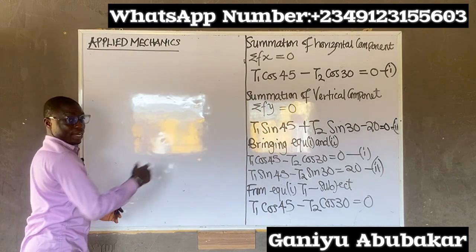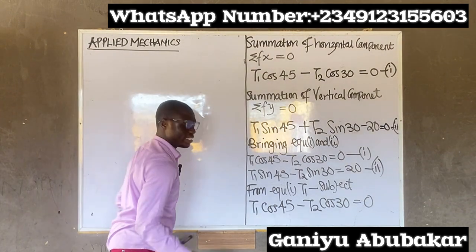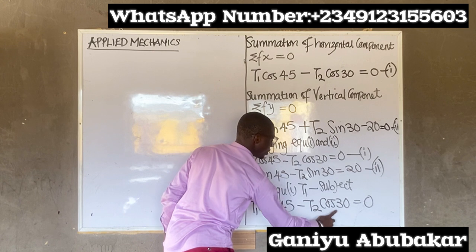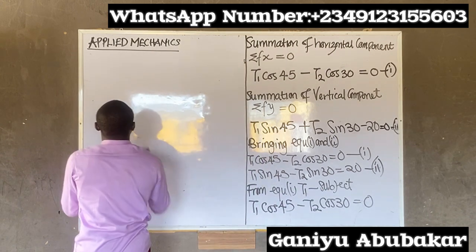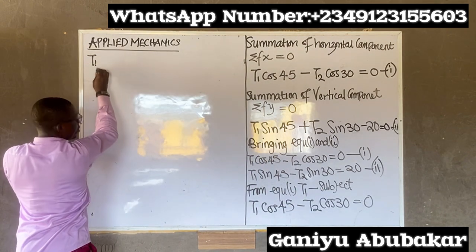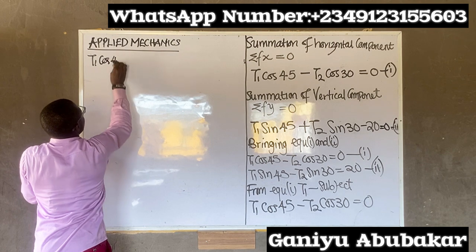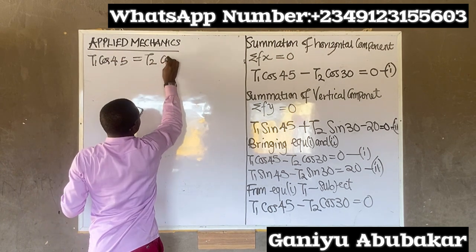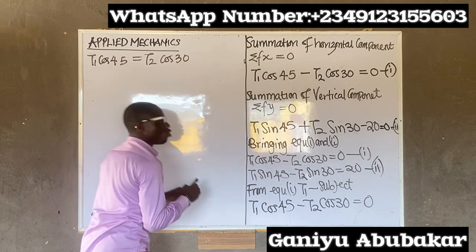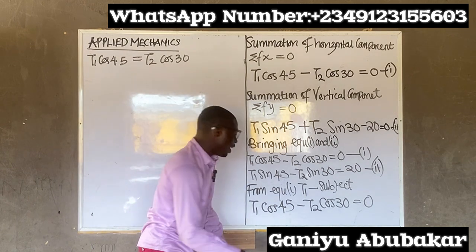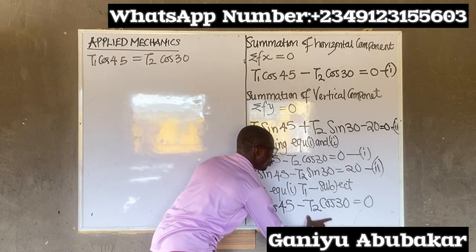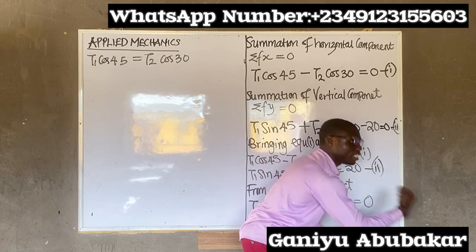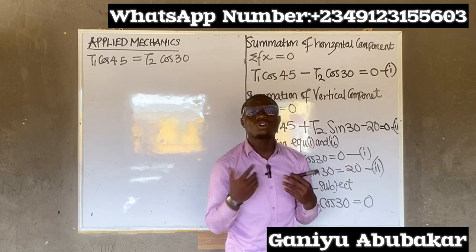From here, making T1 the subject is as easy as taking the negative T2 cos 30 to the other side. That gives you T1 cos 45 equals T2 cos 30, because if I take a negative T2 cos 30 to the other side, it gives you a positive T2 cos 30.